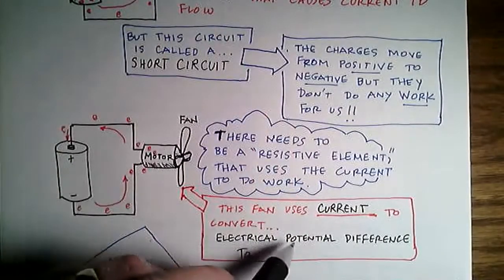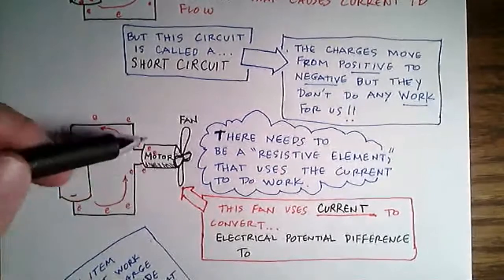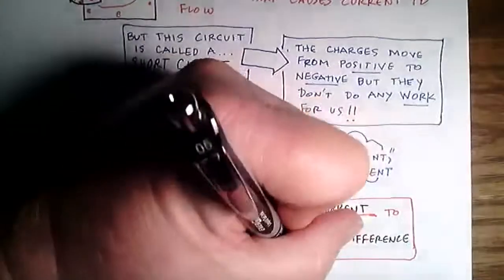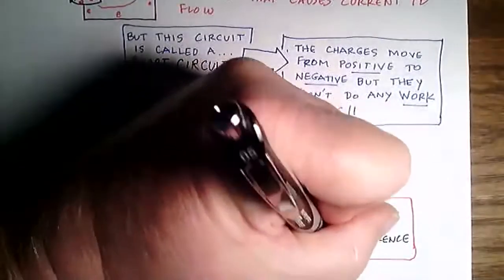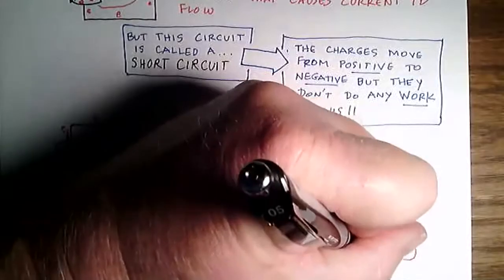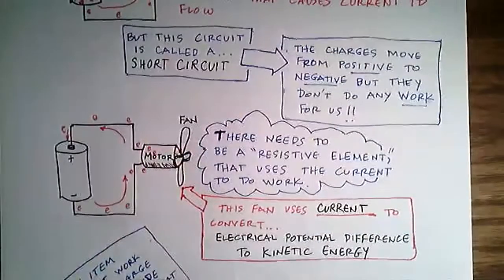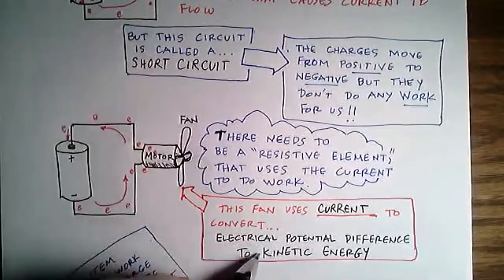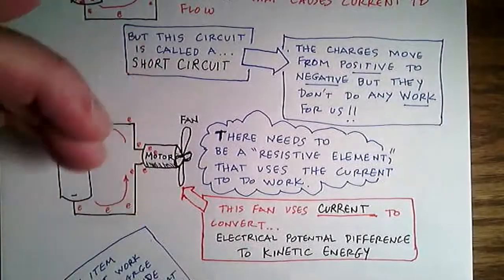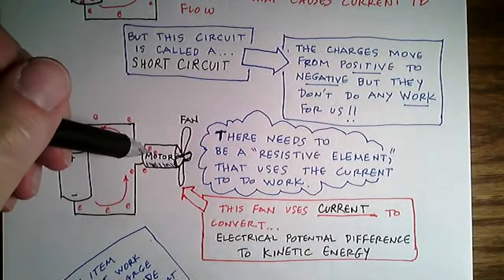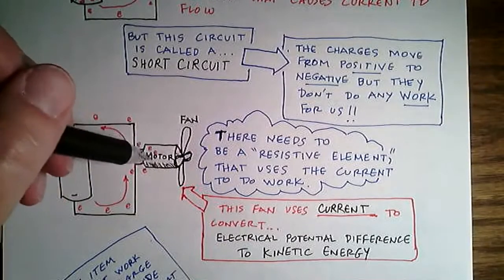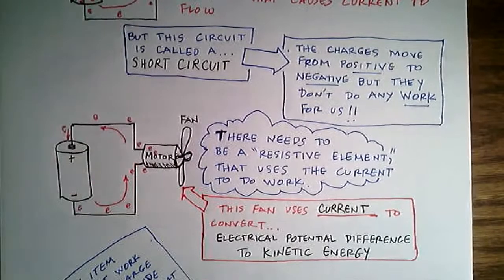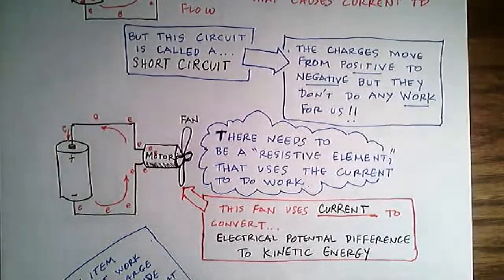The electrical energy is being converted into kinetic energy, the motion of the fan blades. That is basically an example of electricity being used to do work. It converts one type of energy into a different type of energy. And really, you could say it'd be rotational. This is spinning, so you're getting rotational energy out of this, which drives the fan blade. So we're making that conversion. It's doing something for us.